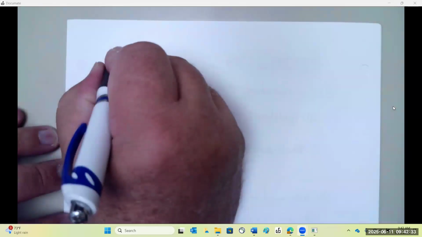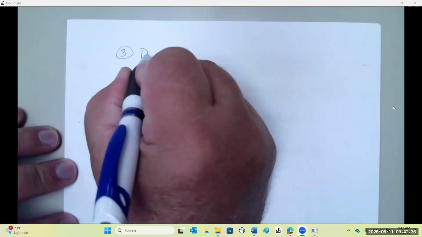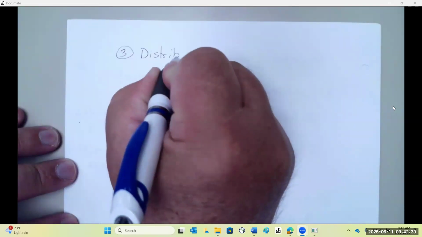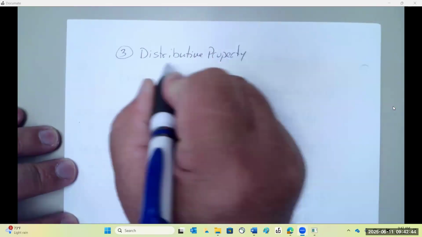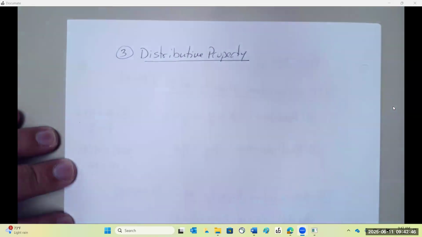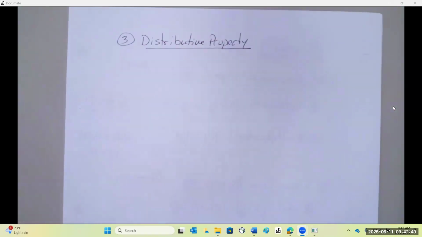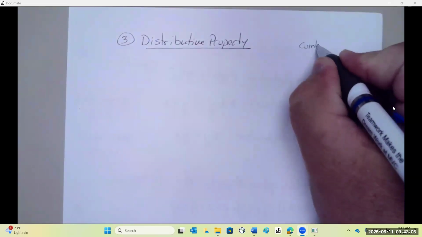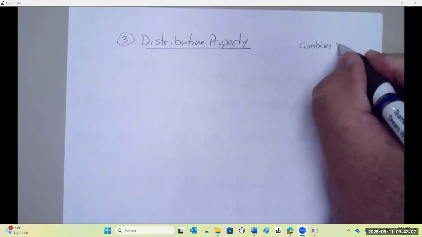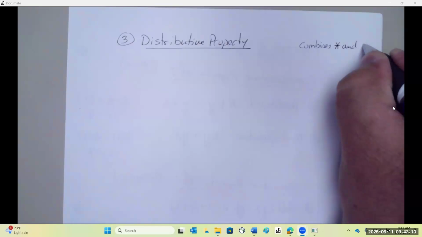The next property is probably the most powerful one. The distributive property. You notice there's no "of" at the end of it, because this one combines both addition and multiplication. This property combines multiplication and addition.